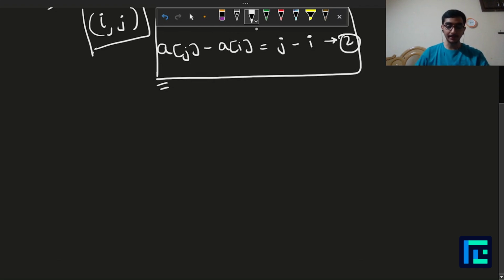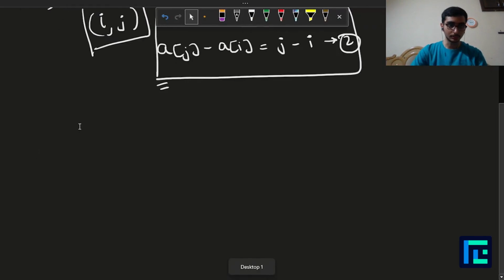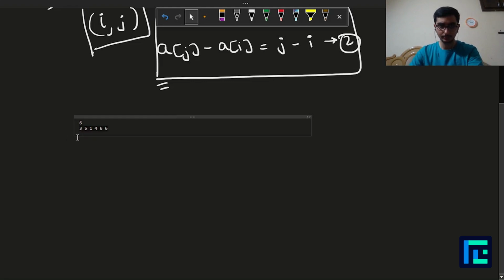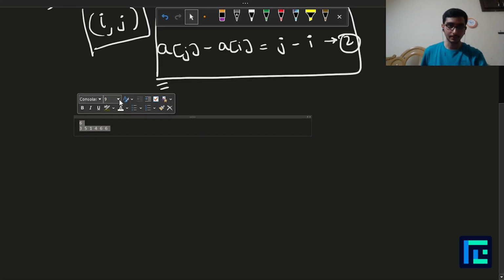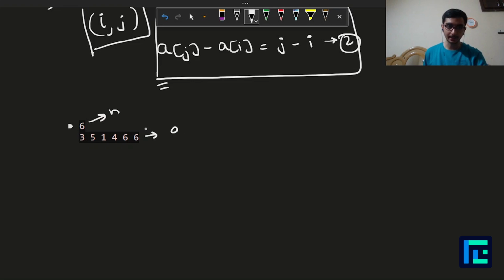So let's see a sample case to understand the problem better. Let's take this case, for example, the first one. So let's paste it here. Right. I'll also increase the font size so it is visible better. Now in this test case, this is our n and this is our array a.